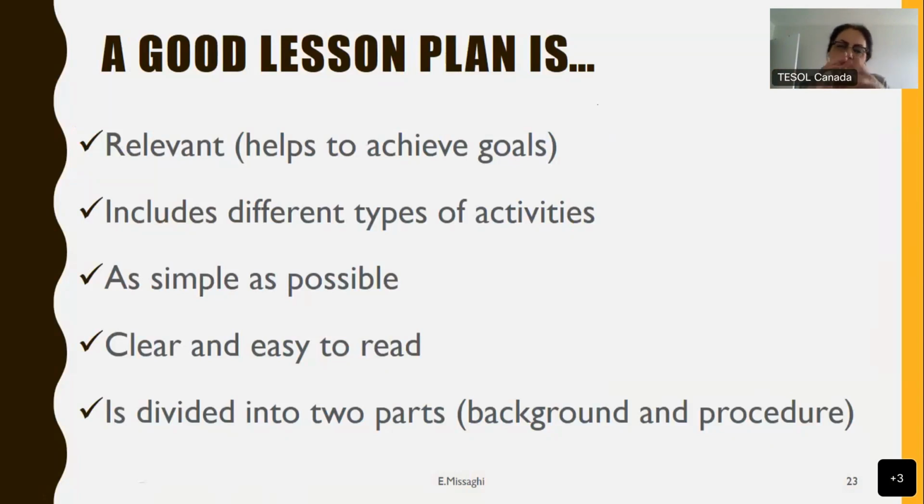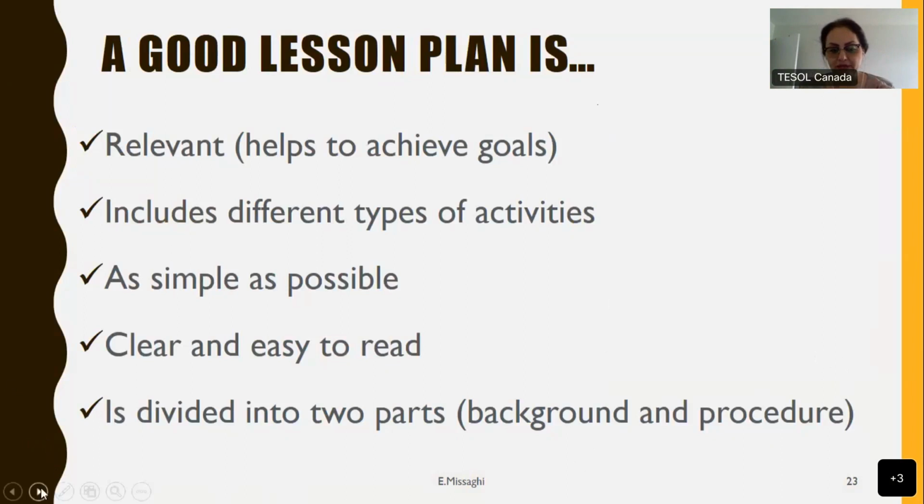It shouldn't be very complicated. It's like a roadmap, how to get from point A to Z. So it should be simple, clear, easy to read, and divided into two parts, background and procedure.